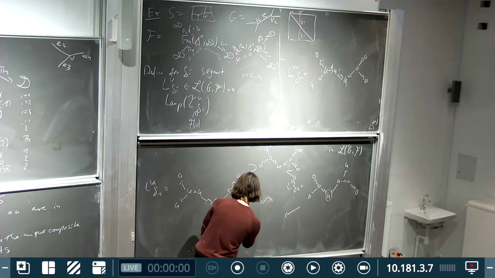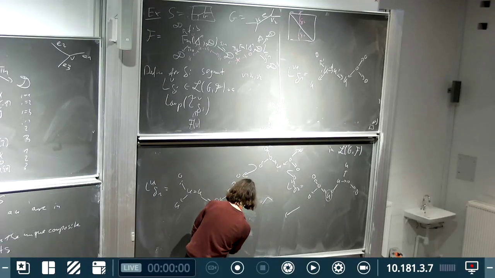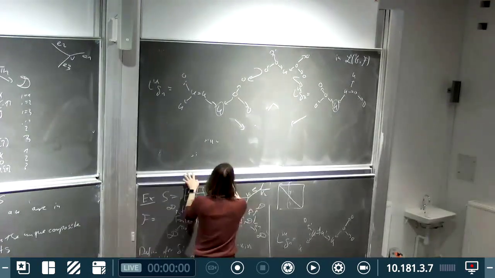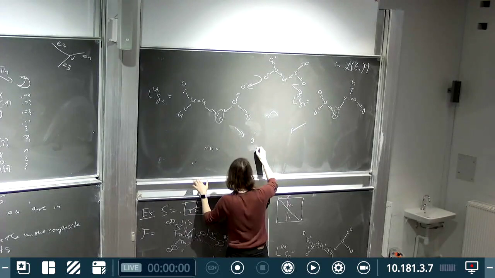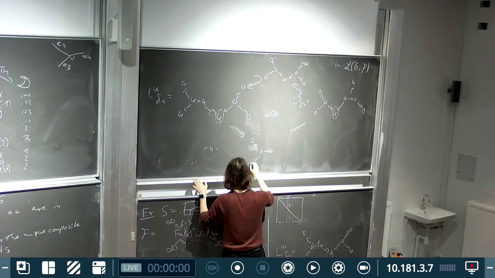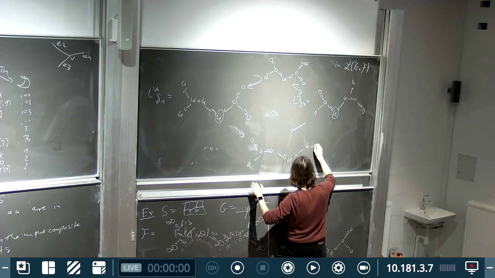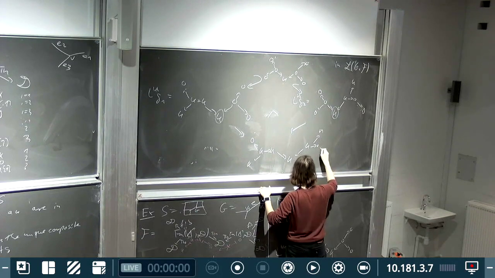So I will get, let me draw them, what do I get? I will get a diagram of the form 0, K goes to K, K goes to 0, K, 0.